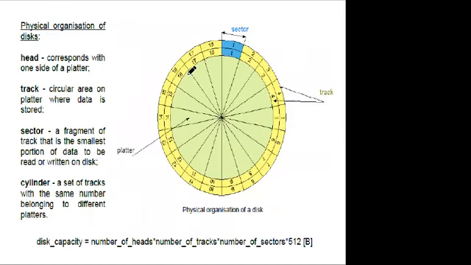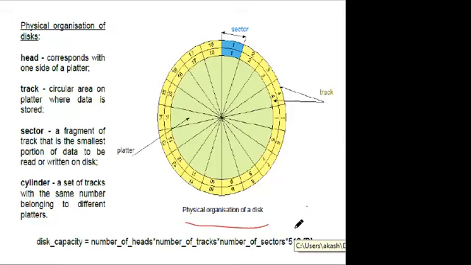Then what is the physical organization of a disk? How is a hard drive organized? This is not part of our syllabus. It is just for the sake of knowledge of how a sequential drive operates. See, we have a head. The head corresponds to one side of the platter, so both sides of the platter can be written.